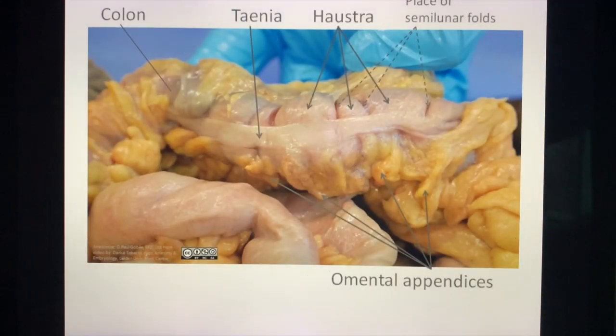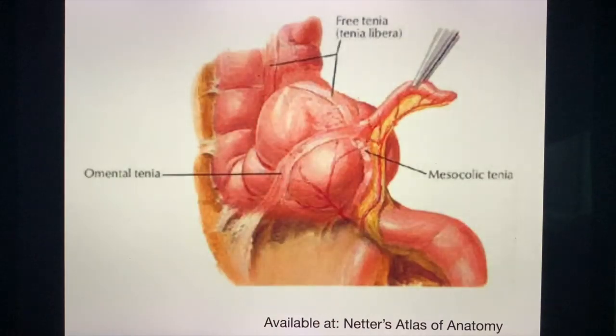Now here, a beautiful illustration showing you the taenia coli. This is your haustra, the sacs, and if you notice, the appendices epiploicae, lobules of fat. Now let's go back to this illustration lifted from Netter's.